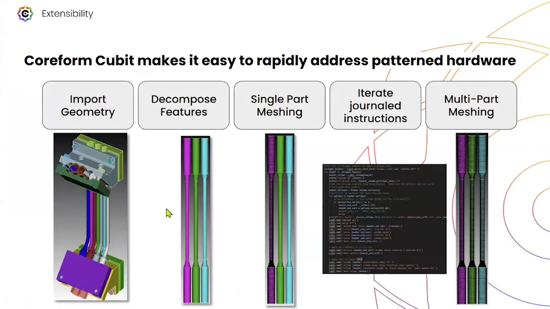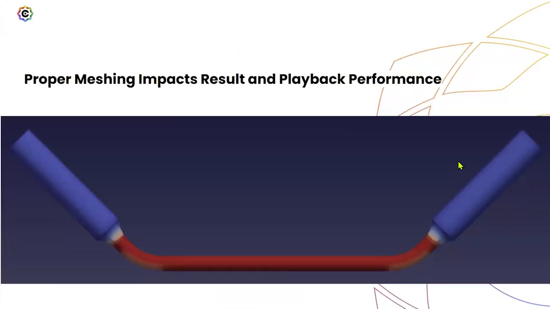And once you do that, it's the same thing. You're importing the geometry, you're decomposing the features, you're doing the meshing on a single part, iterating on the journaled instructions, and then doing it for all the remaining parts in your assembly. And that can make pretty dramatic differences in how quickly you solve a problem and how accurately you solve a problem.